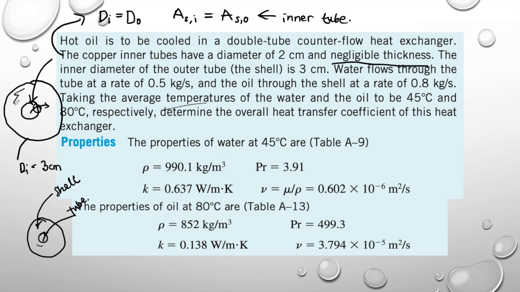At this point, when we calculate the Reynolds number at the shell side, and you get a value of Reynolds number below 2300, that falls under laminar flow, and normally we assume that it is developing laminar flow.